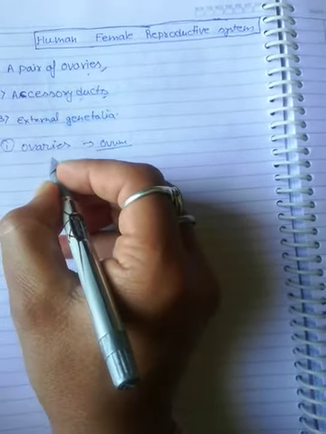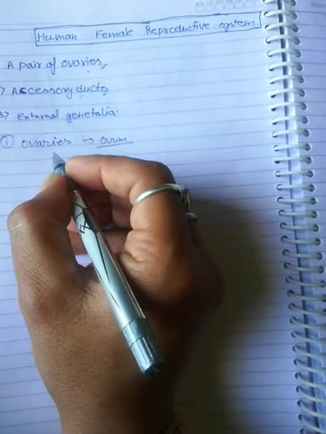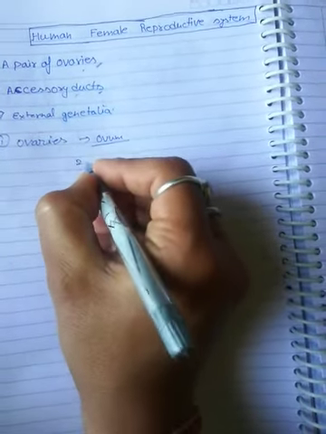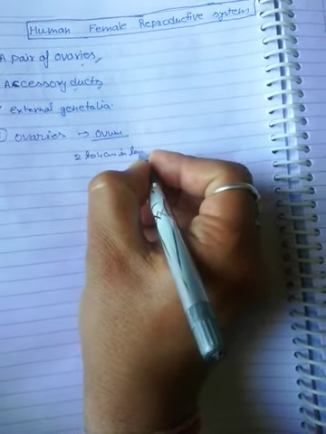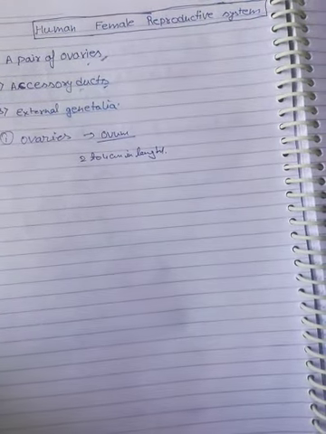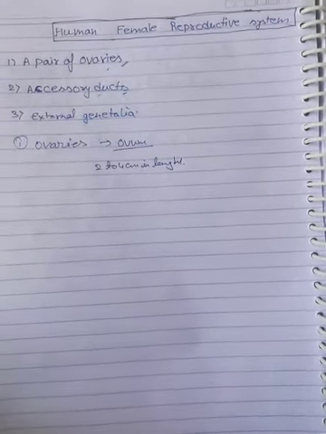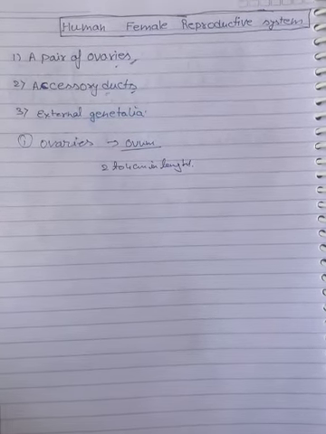In human beings there are two ovaries. Okay, and if I am talking about a single ovary, each ovary is 2 to 4 centimeters in length. Each ovary is located in the pelvis region. But where is the pelvis region?